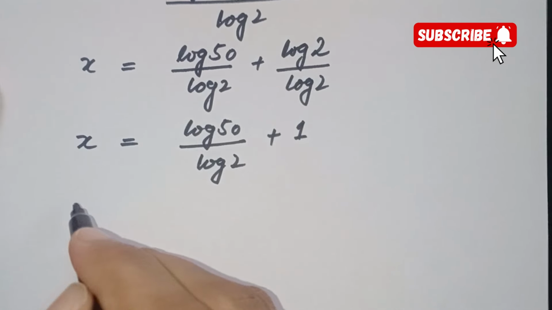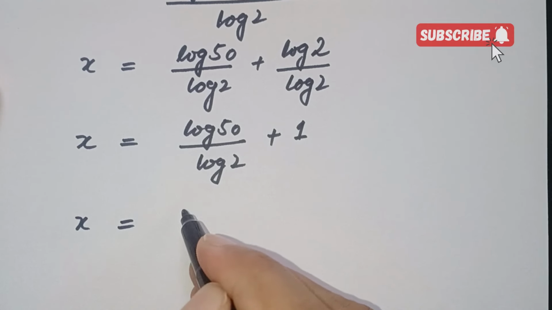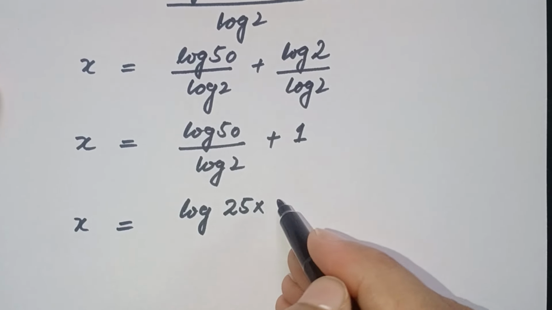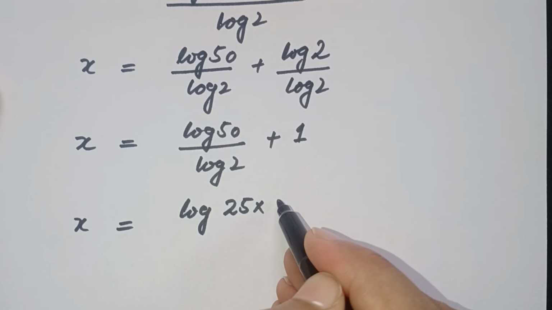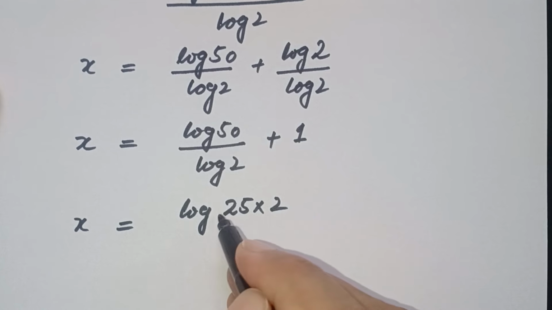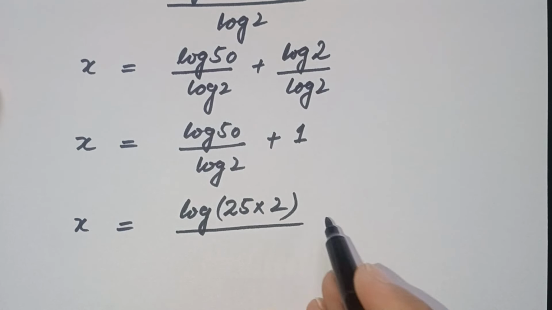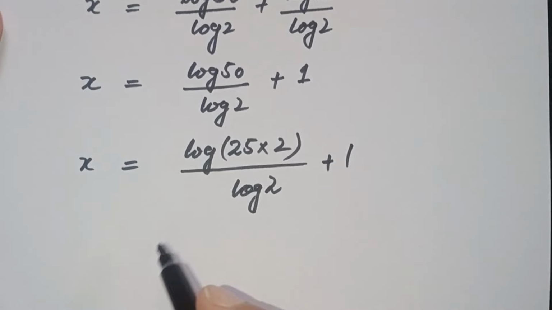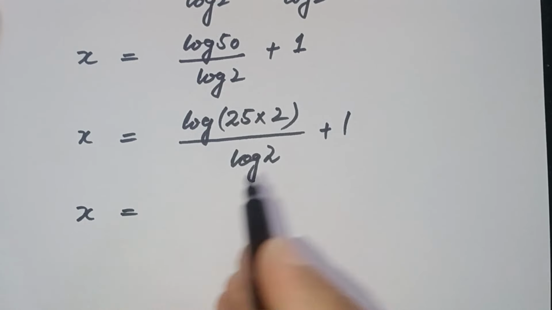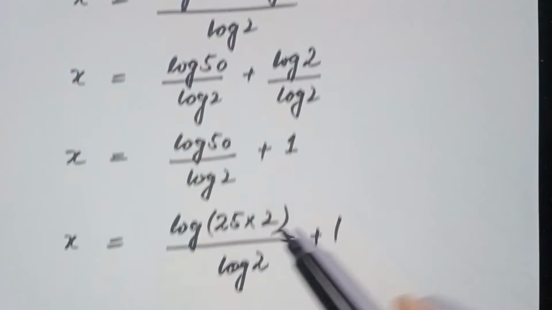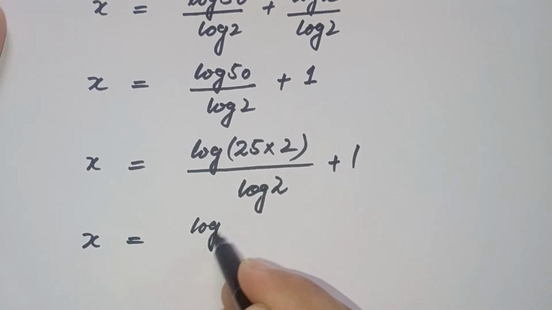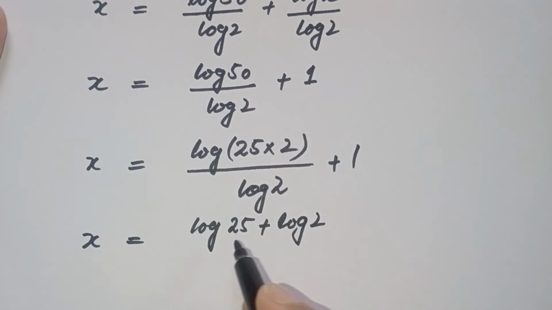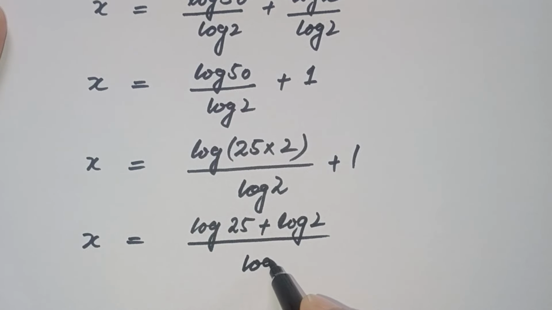Again, 50 can be written as 25 multiplied by 2 over log 2 plus 1. Next step, by using the same property as earlier, x is equal to log 25 plus log 2 over log 2 plus 1.